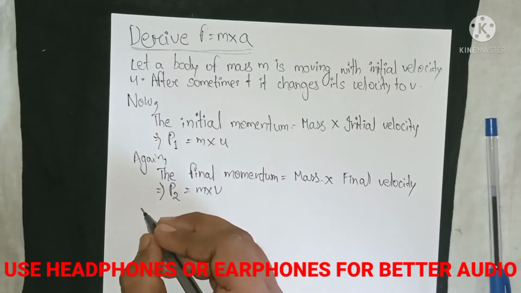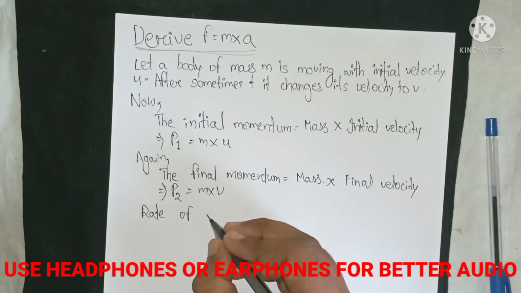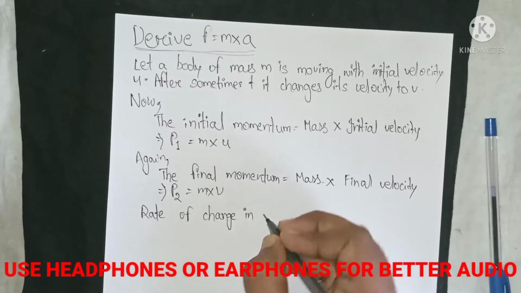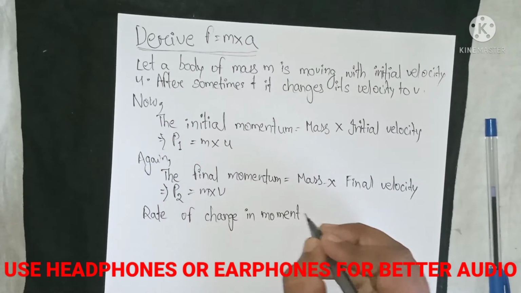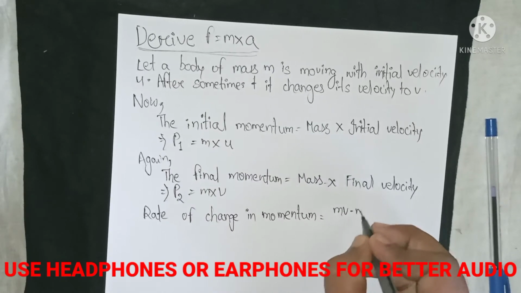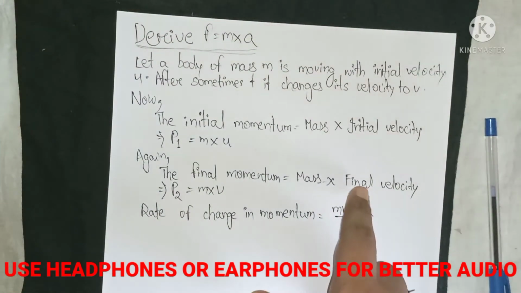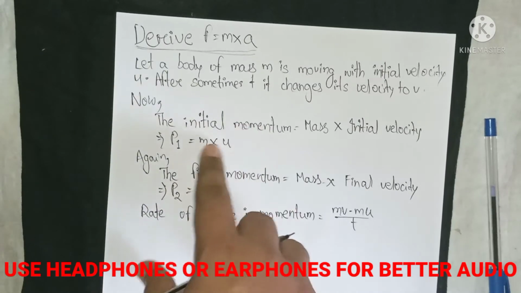So now let us write the rate of change in momentum, which is equal to (mv minus mu) by t, and that's simple because we got the final momentum as mv and the initial momentum as mu.